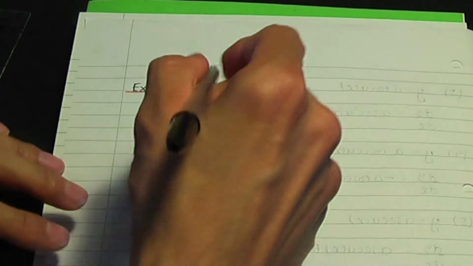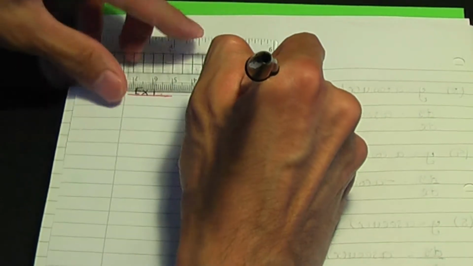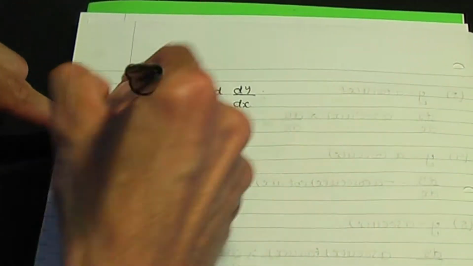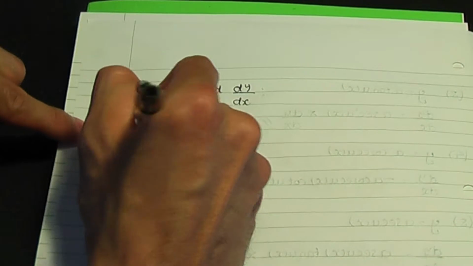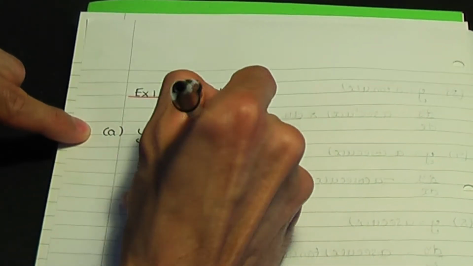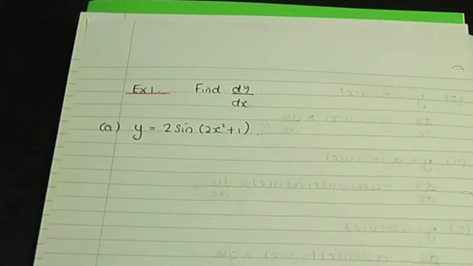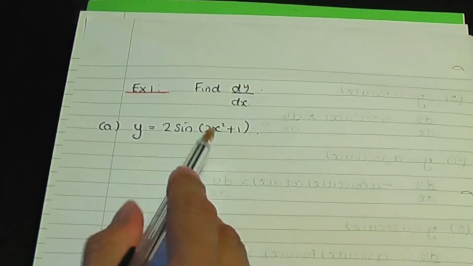The question is to find dy over dx, and in part A we're going to differentiate y is equal to 2 sine 2x squared plus 1. So 2 sine 2x squared plus 1.